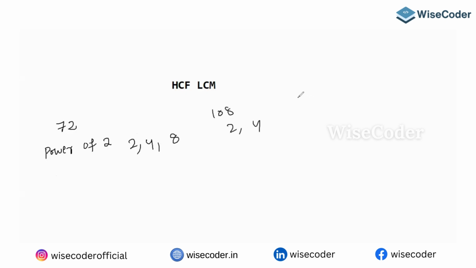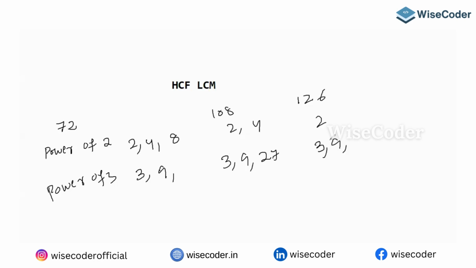For 126, only 2. Now the power of 3. For 72, 3 yes, 9 yes. For 108, 3 yes, 9 yes, 3 cube is 27, and it divides by 27. Of course, yes. For 126, 3 yes, 9 yes, 27 no.